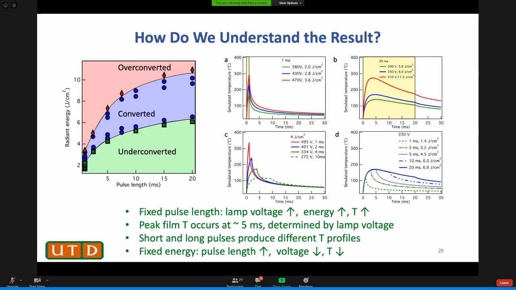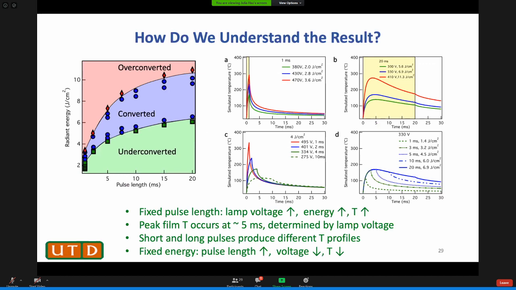And we make solar cells. The underconverted one looks like a solar cell, but has very low photocurrent. This is the properly converted one. And if you are overconverted, the device is shorted. Then we study the parameter of how much energy.